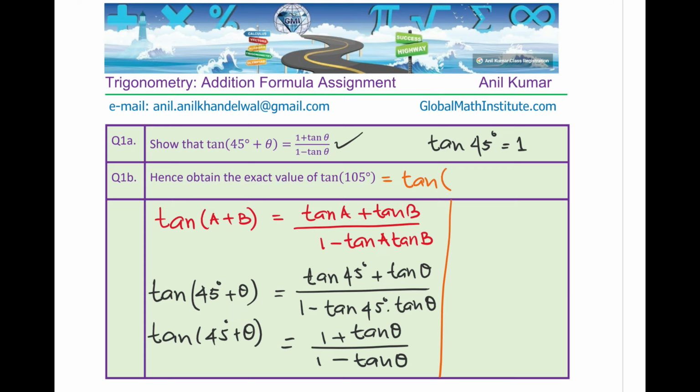Well, if I take away 45 from 105, I get 60, right? So I could write tan of 105 as tan of 45 plus 60 degrees. Using the formula, I only need to find tan 60.